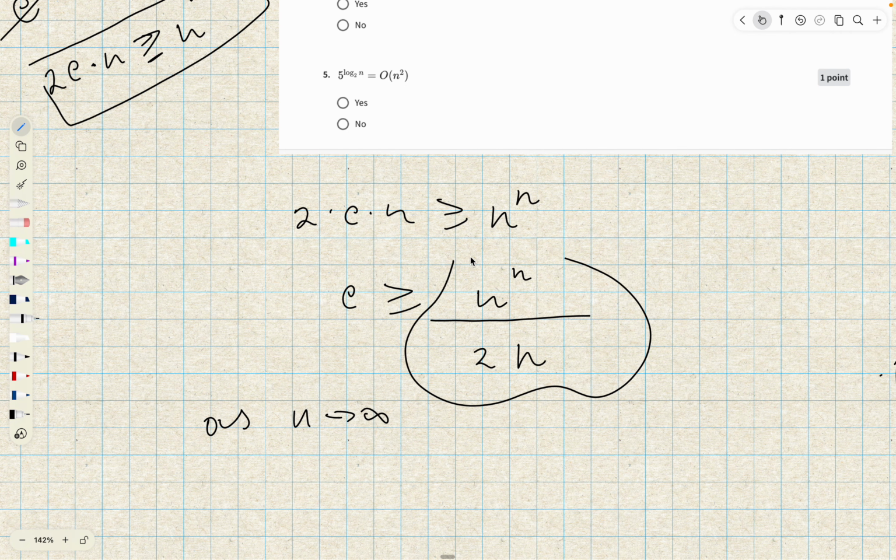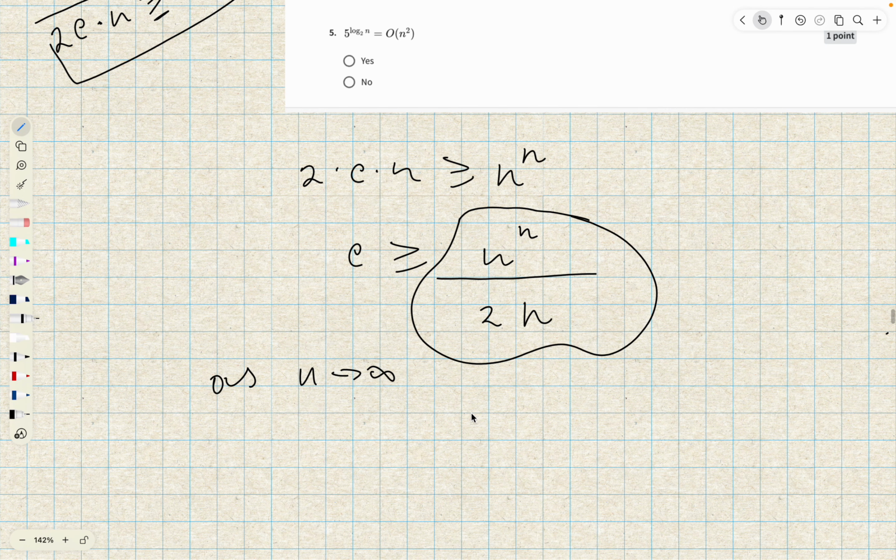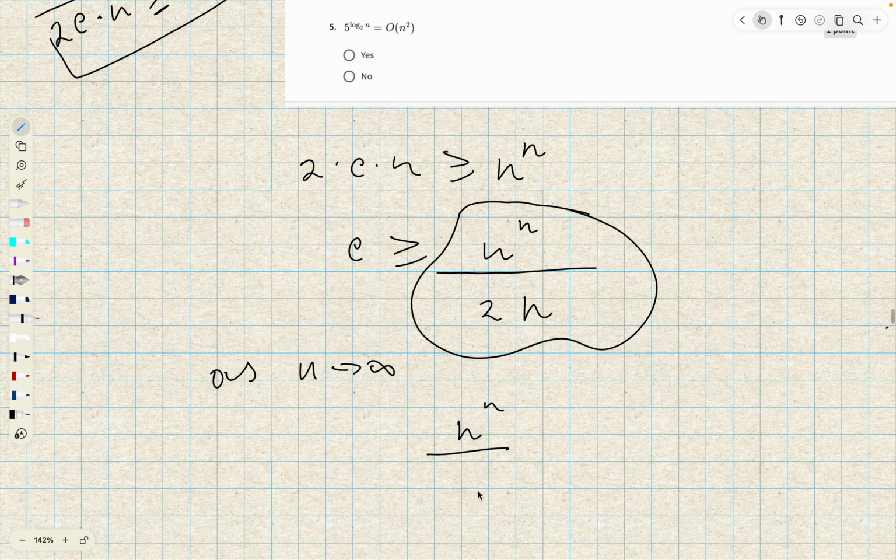What is happening here is, let's divide everything by n. Then it will be (n minus 1) divided by 2.